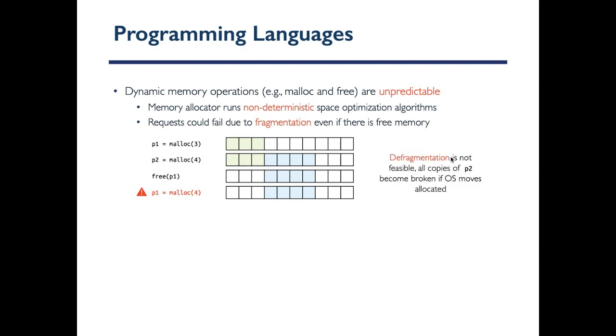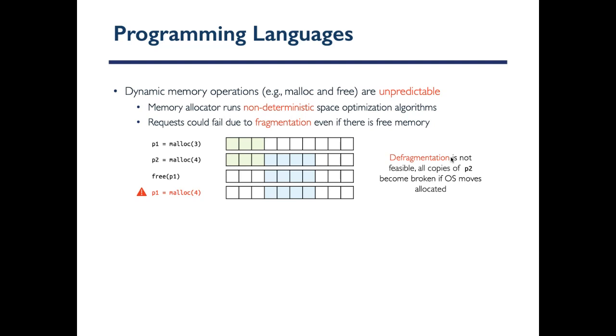And if you think, oh, I can defragment, I can move those 4 allocated ones to some other place and make a space for the new request, that is really not possible because P2 could have been copied, right? You might have different copies of P2, all of them pointing to that fourth block, and the library has no means to track how many copies of P2 have been created.